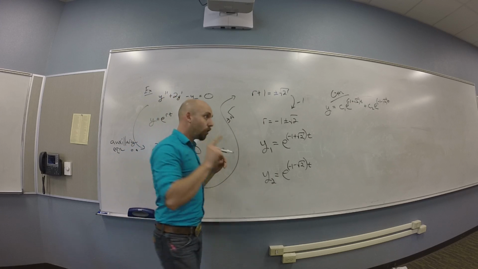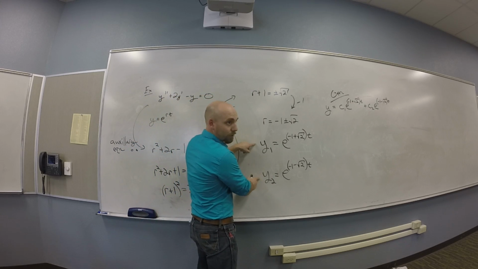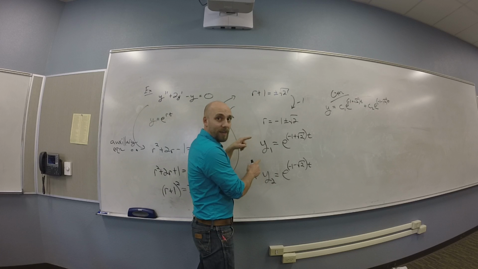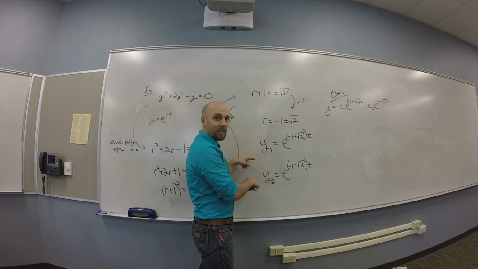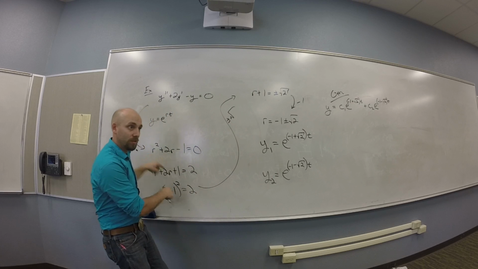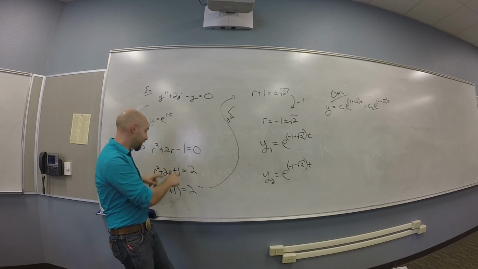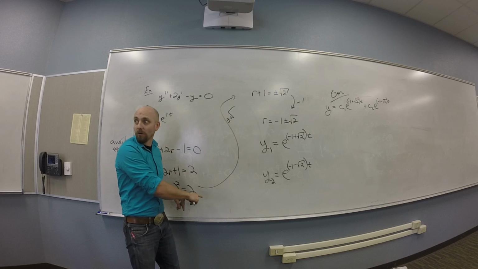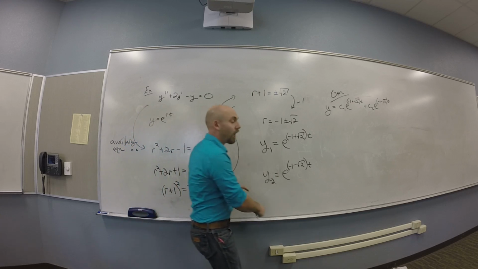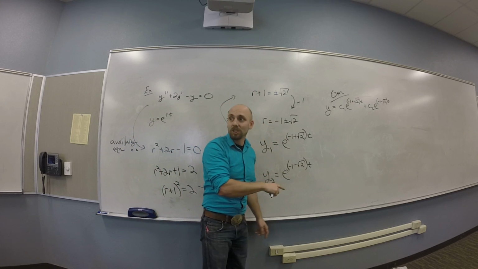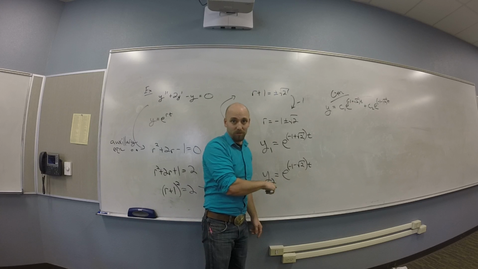Now, sometimes you'll end up with two solutions and you won't be sure that they're independent. Like in the case where you have repeated roots. If you got r plus 1 squared equals 0, then you'd be like, but they're the same? So what now?